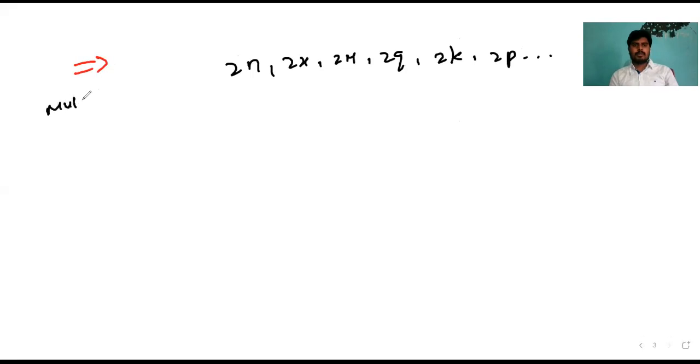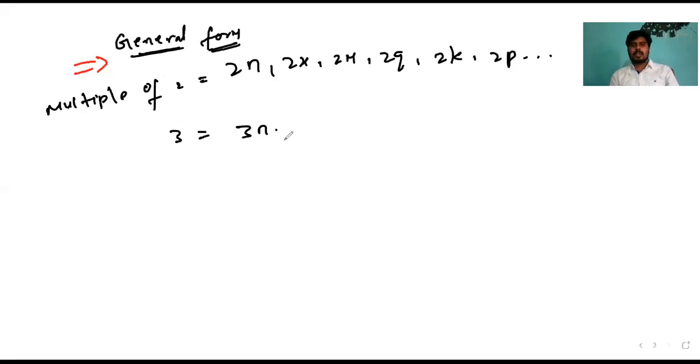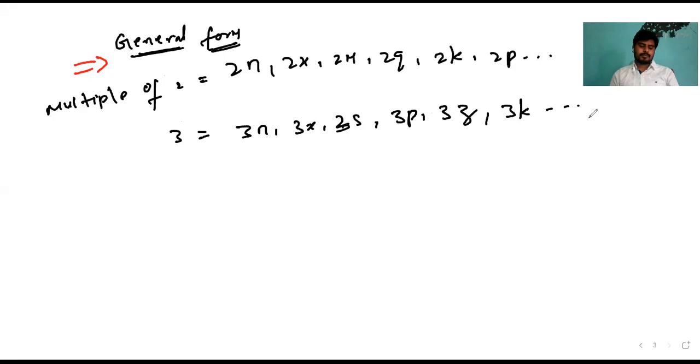It is 3n, 3x, 3s, 3p, 3z, 3k, whatever you can take. And multiples of 4 are 4n, 4k, whatever. It will be written like that for every number.